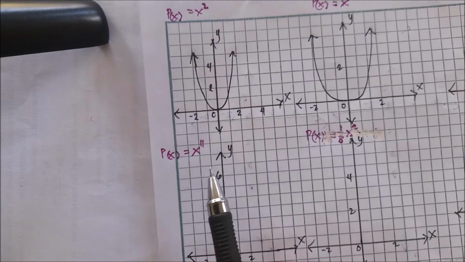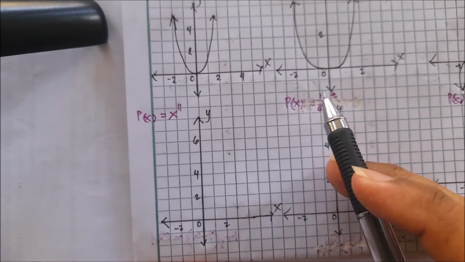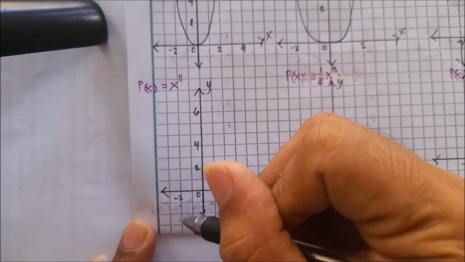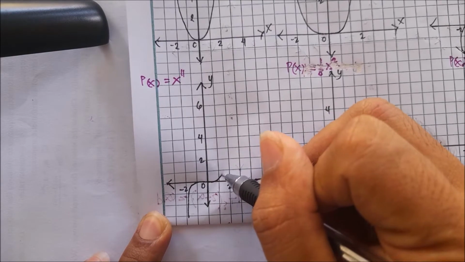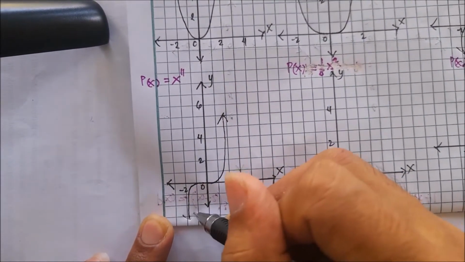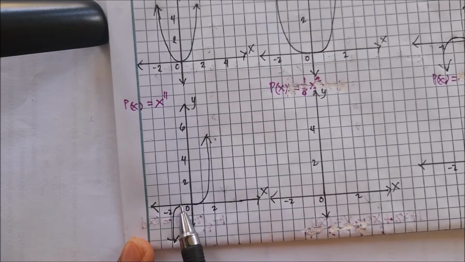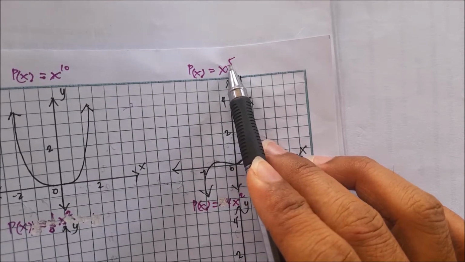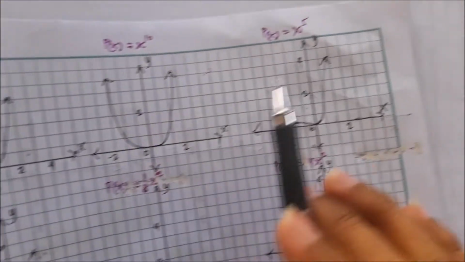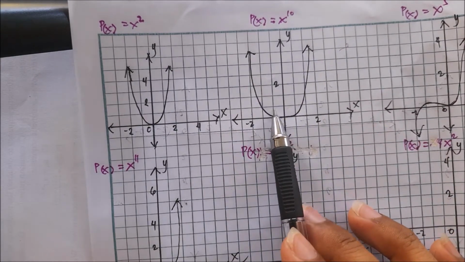How about if the exponent is even but greater than 5? What is the form? The greater the even exponent, the wider the graph.